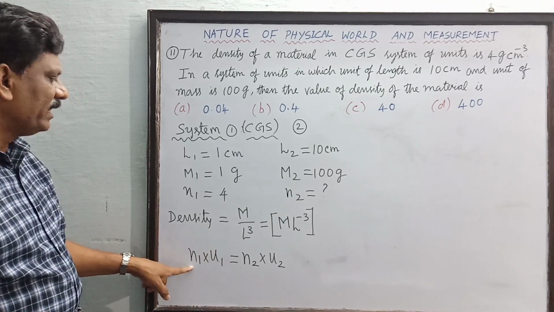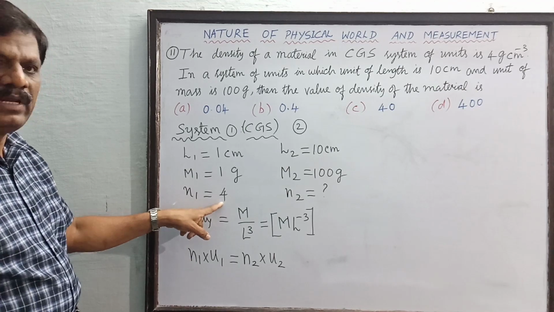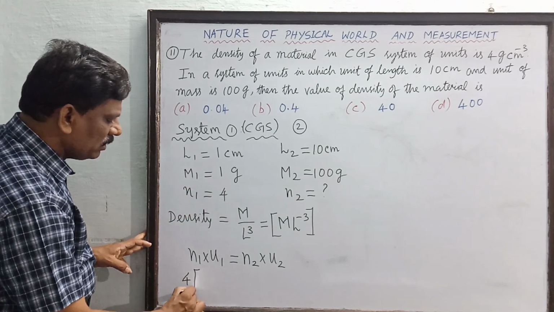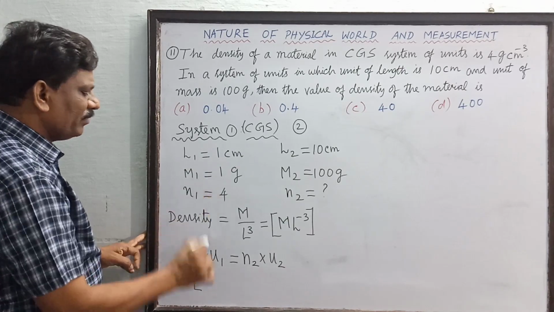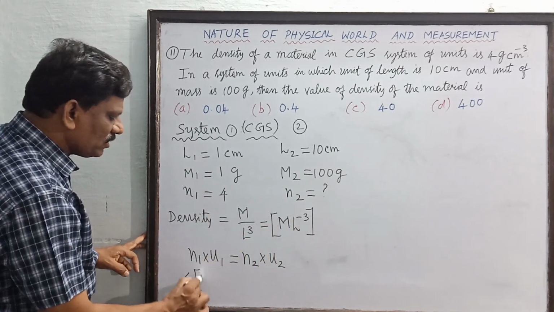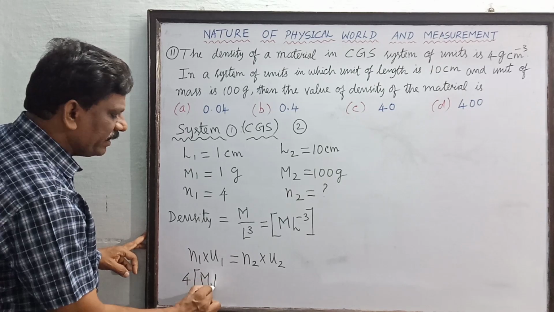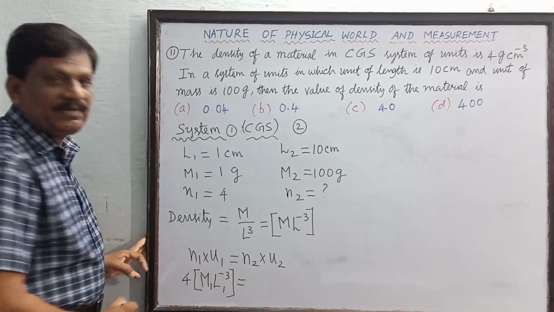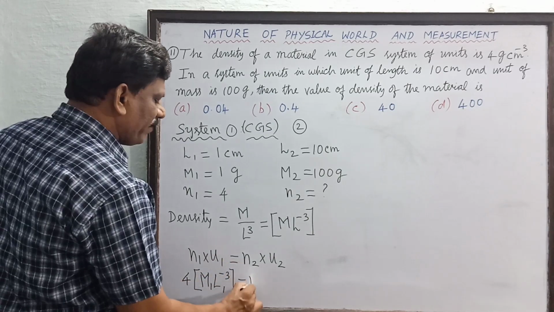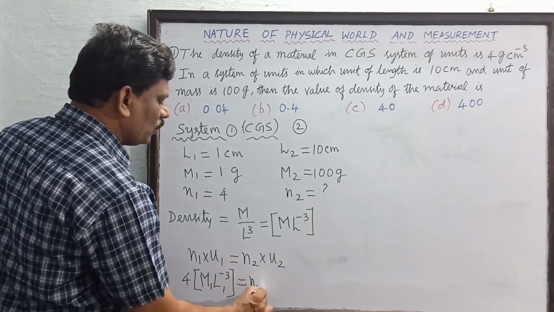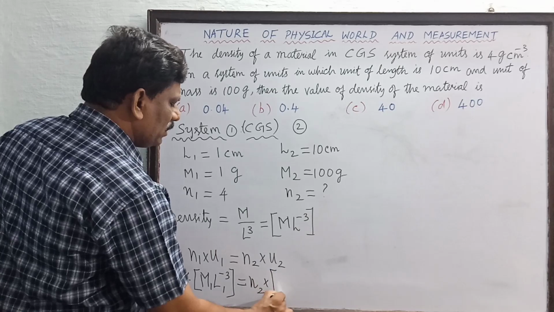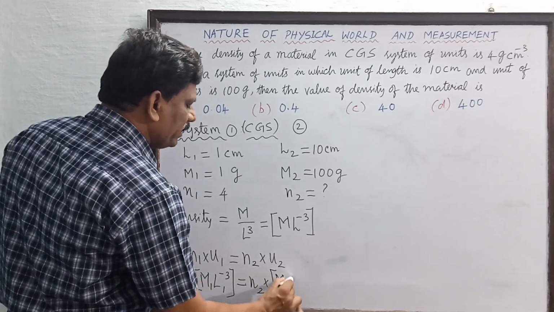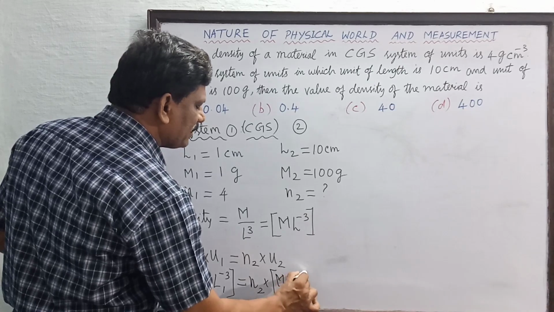So in place of N1, I can substitute 4. So this is equal to 4 into M1 L1 power minus 3 on the left hand side. Right hand side we have to determine the value of N2 into M2 L2 power minus 3.